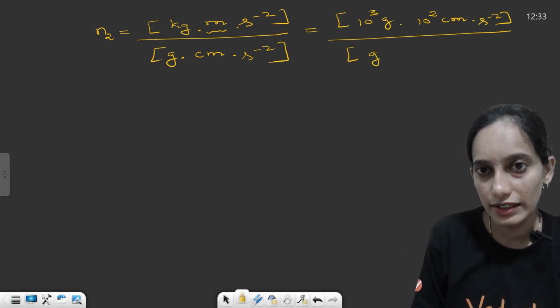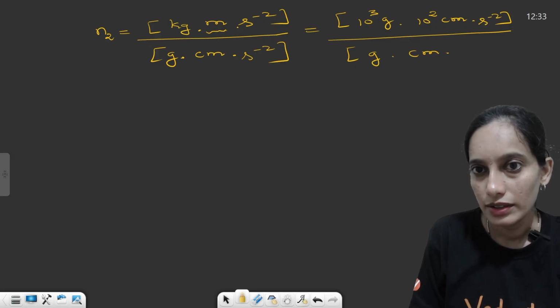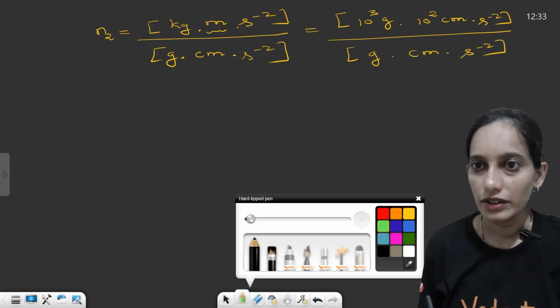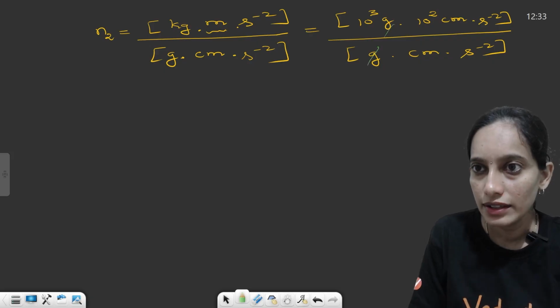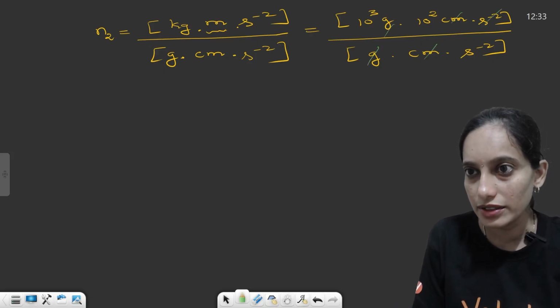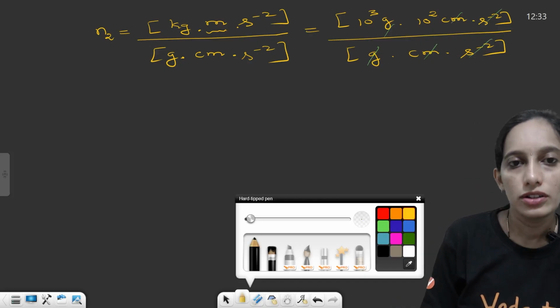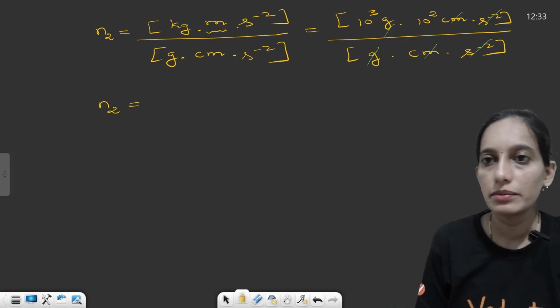In the denominator we have gram, centimeter, second minus 2. So the gram, the centimeter and the second minus 2 will cancel out. What is n2 now?